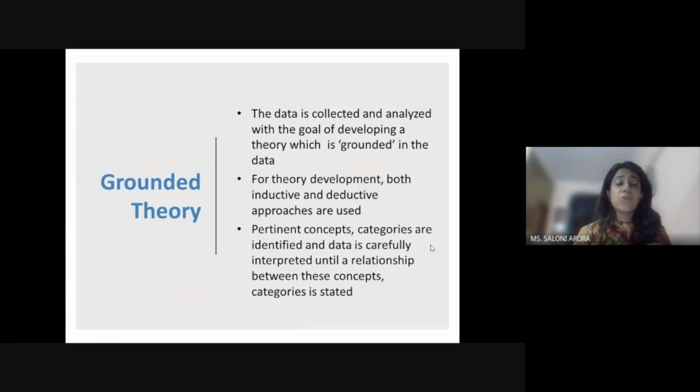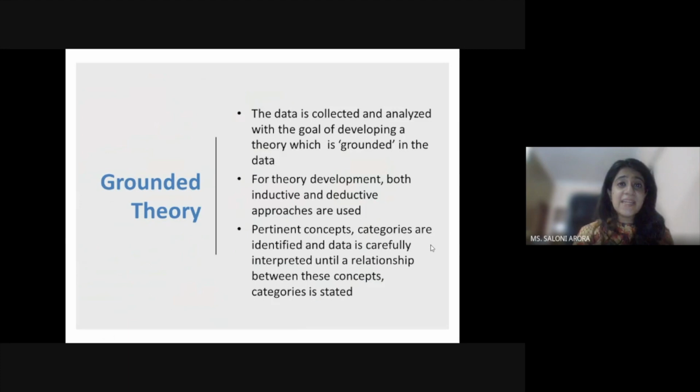Now, we first move on to our grounded theory. The grounded theory, as the name suggests, grounded, that means that it's deeply rooted. The concept, the theory is already deeply rooted, it's already grounded. From the grounded scenario, we are going to collect the data and then we're going to analyze it. And based on the collection and the analysis, then we're going to develop a new theory.